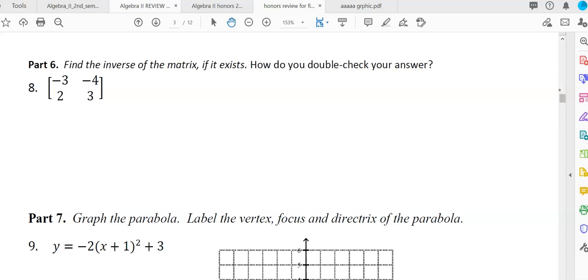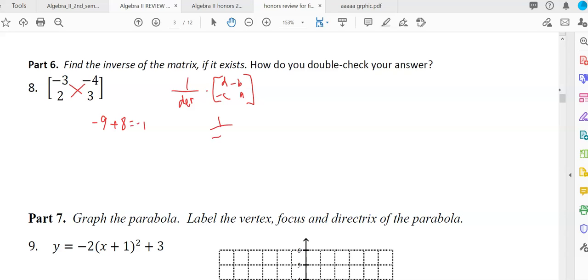Find the inverse. So there's a little pattern to this. I think the formula is 1 over determinant times the kind of mixed up matrix. I think you take the A and D, so it'd be D and A, and then opposite of B and opposite of C. So in this case, the determinant is negative 9 minus negative 8, which is negative 1.